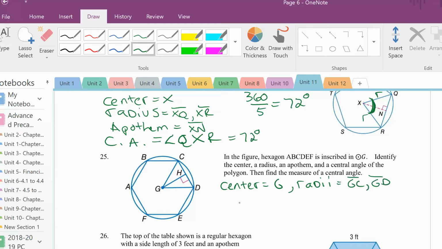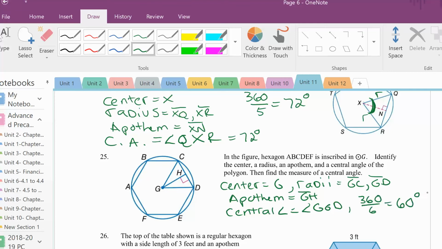The apothem is GH, and the central angle is angle CGD. And since there are 6 sides, you go 360 divided by 6, which is 60 degrees for the central angle.